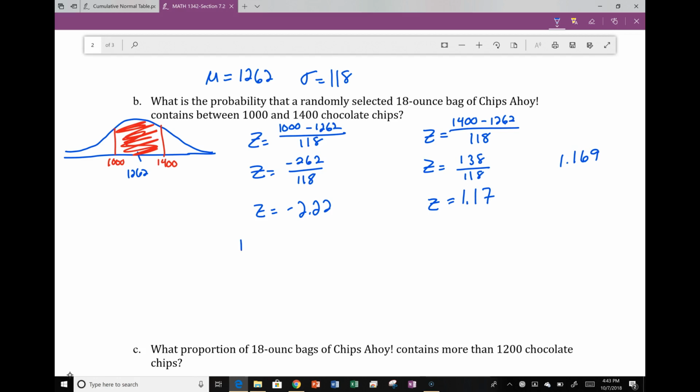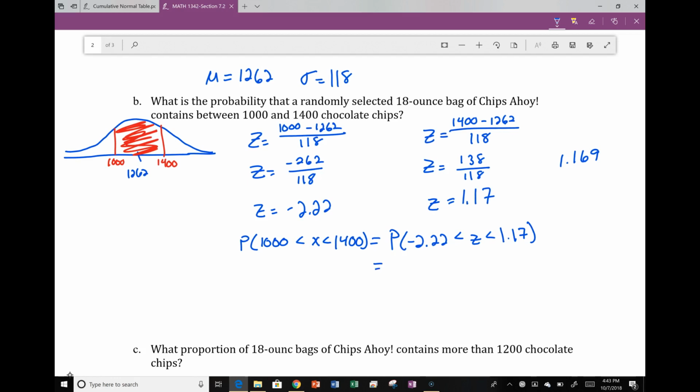So I want the probability that we have between 1,000 and 1,400 chocolate chips. That's the same thing as saying that I'm between a negative 2.22 z and a 1.17 z.